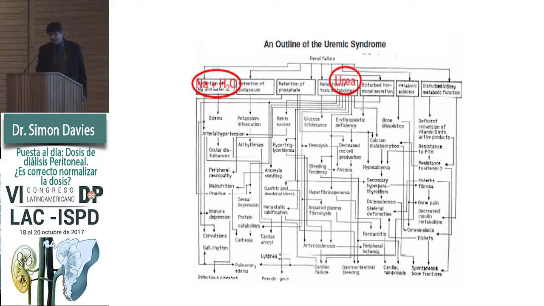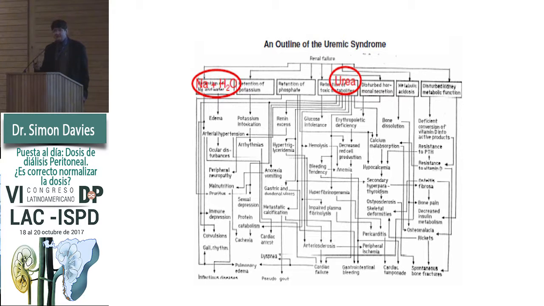I want to start off by reminding everyone here that of course dialysis is trying to do a lot of different things. We're trying to treat the uremic syndrome, and the uremic syndrome is a hugely complex thing. And we're really just talking about one small part of that, which is the removal of salt and water and small molecular weight molecules such as urea or creatinine or phosphate.